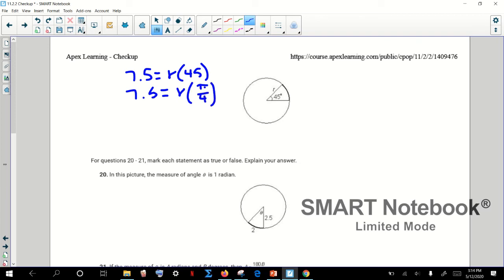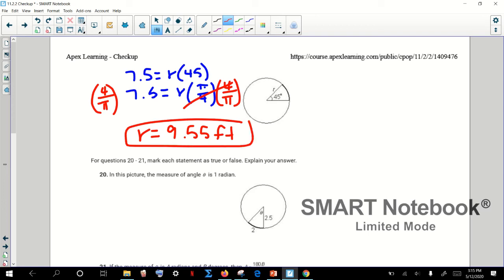Okay, so we need to get r by itself, so I'm going to multiply both sides by the reciprocal, which is 4 over pi. Alright, that cancels that out, so r is equal to whatever 4 over pi is times 7.5. So if I do that math real quick, the radius is going to be 9.55 feet.